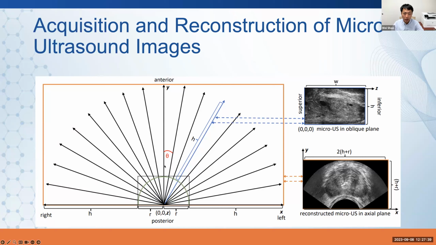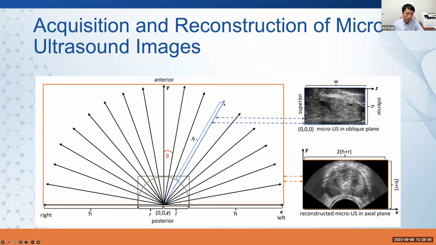This is done by computing the angle of this point in this coordinate system, where we have x in the right and left direction, and y from the posterior to the anterior. So the tangent of theta is equal to x over y.